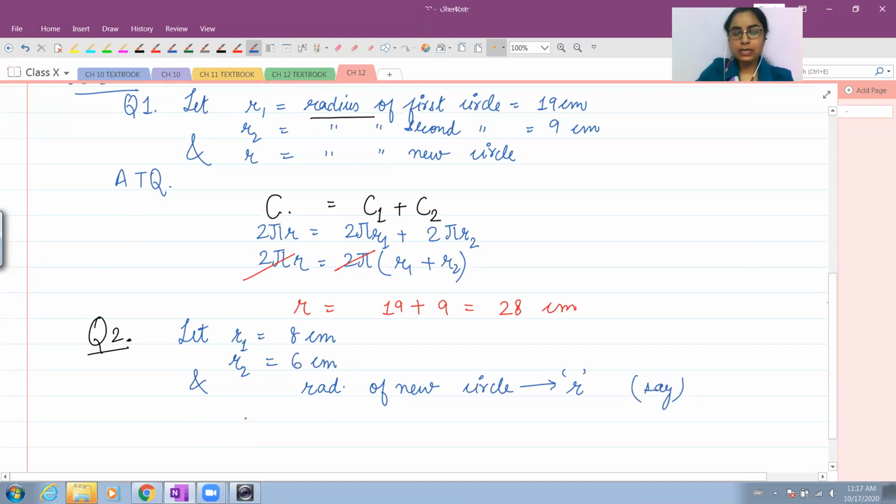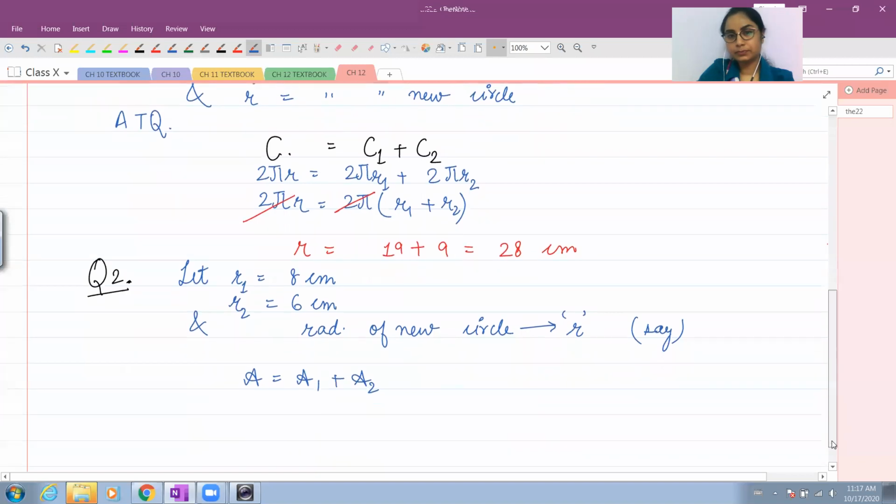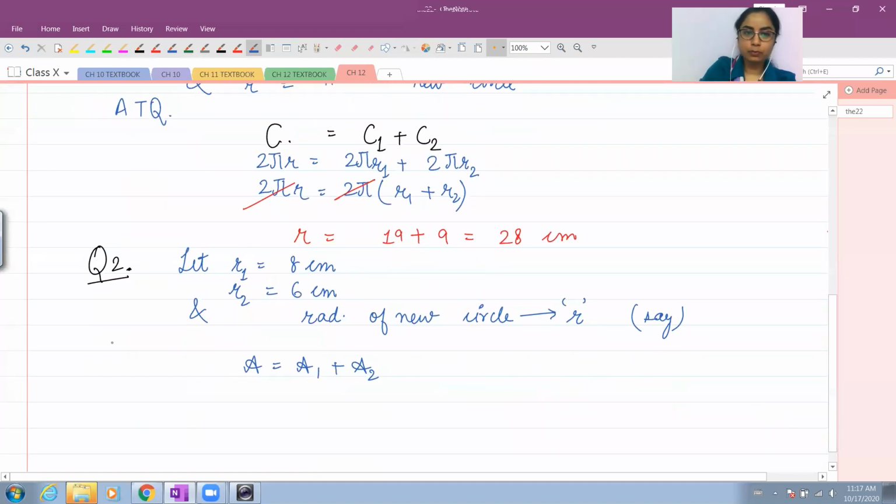Then the area of the new circle is equal to the area of the first two taken together. Apply the formula: pi R squared will be equal to pi R1 squared plus pi R2 squared.